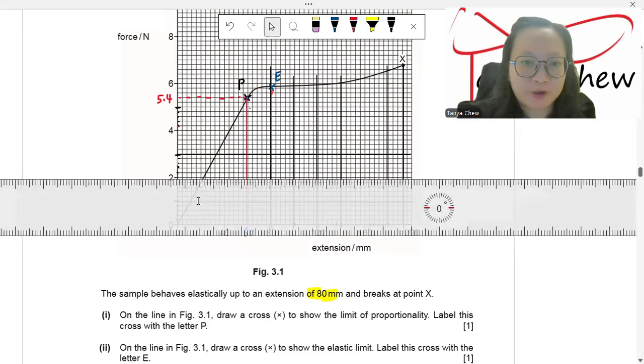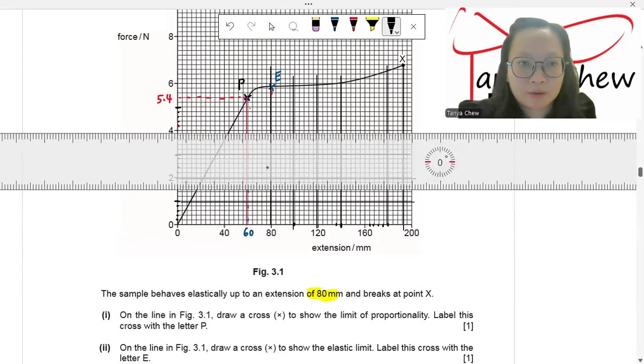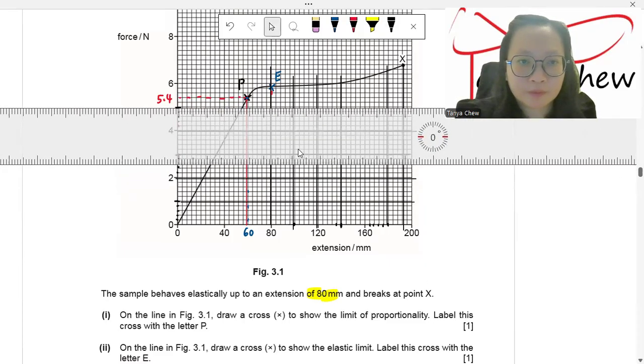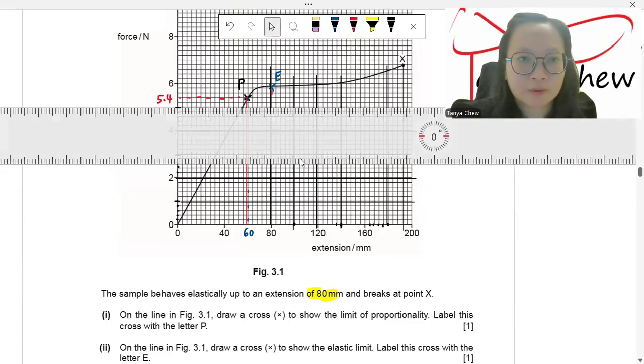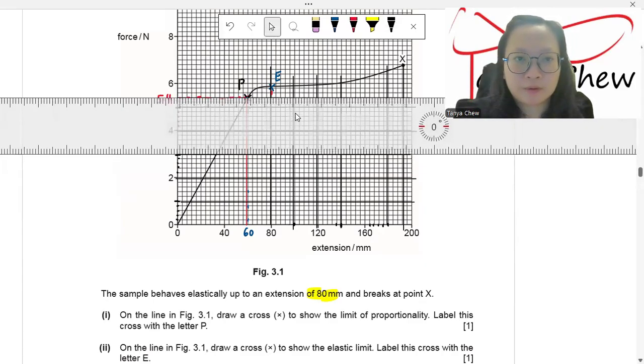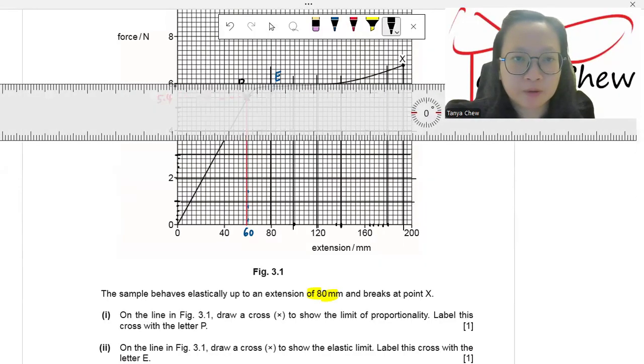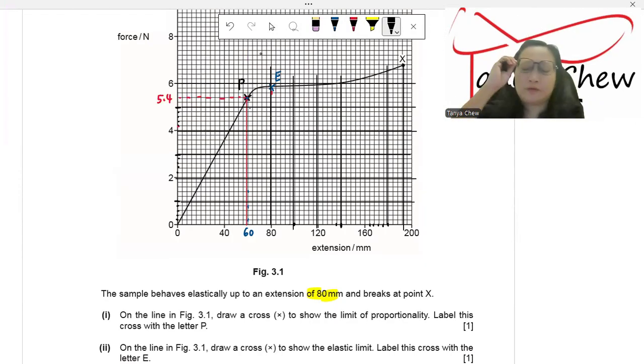Oh, forgot to draw this part. Sorry. Like this, as well as this one. You just draw it across here. And then thank you very much, ruler. I'll keep it.